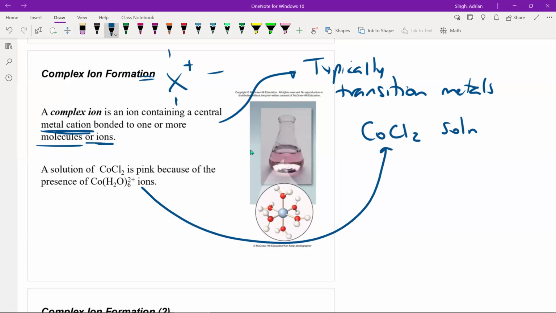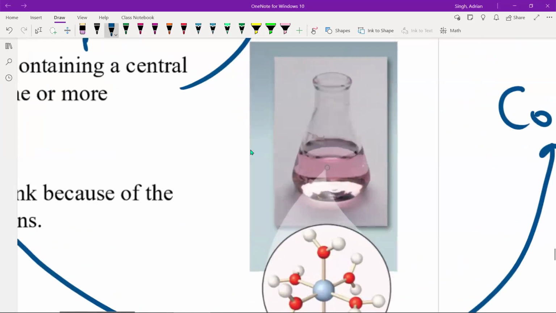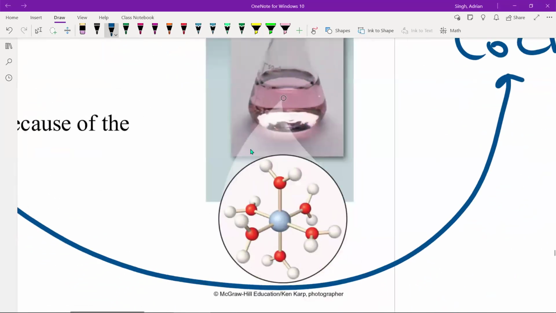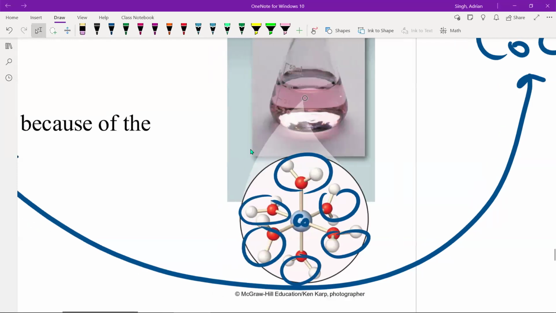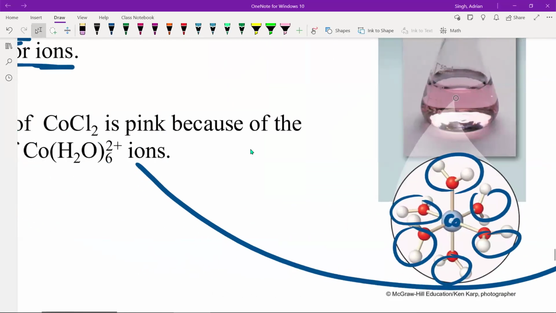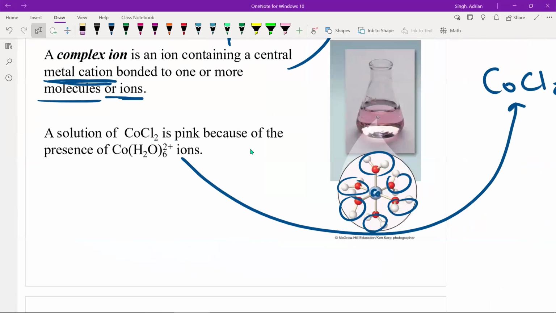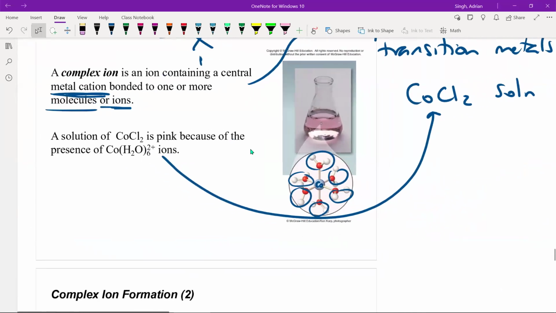This has cobalt complexed to 6 water molecules. There's your cobalt in the middle, and then we have 1, 2, 3, 4, 5, 6 water molecules in an octahedral arrangement. Because of that complex, the solution ends up being pink.